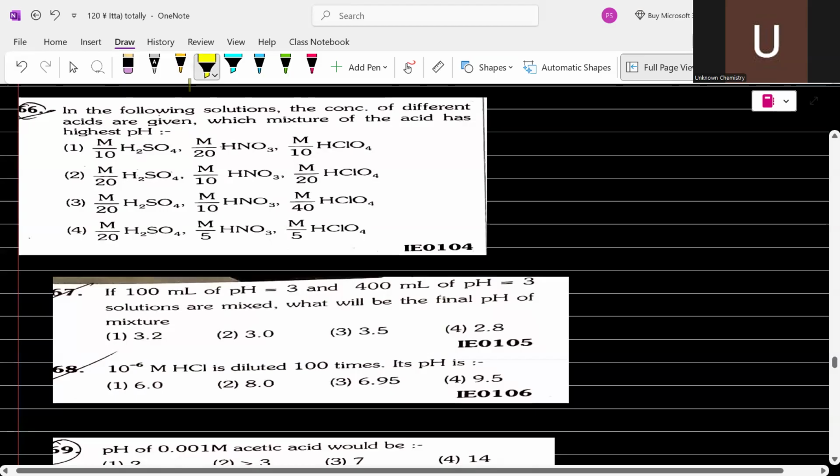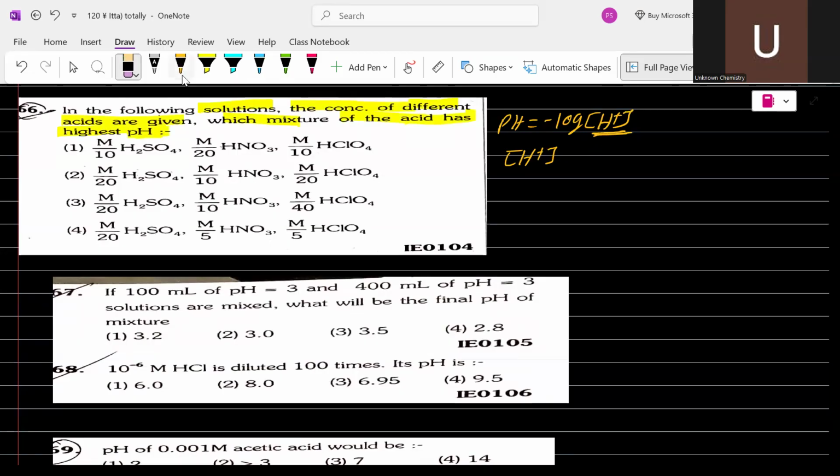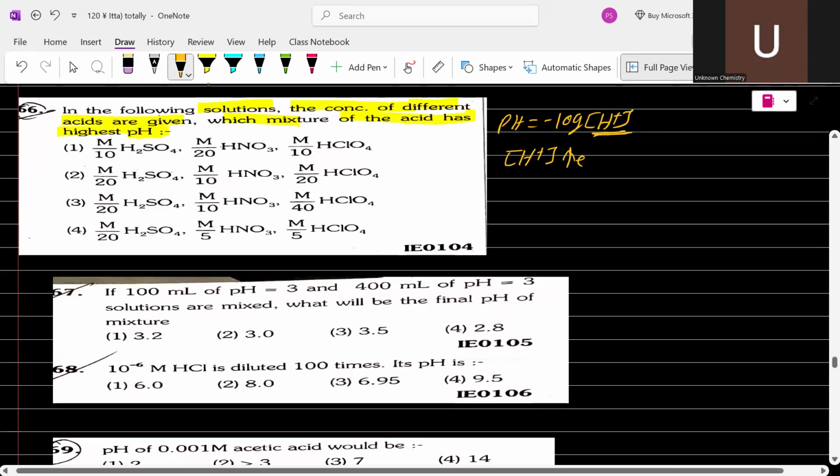In the following solutions, the concentrations of different acids are given. Which mixture of acids has the highest pH? You know that pH depends on the concentration of H plus ion. So please understand, if H plus ion increases, pH decreases.